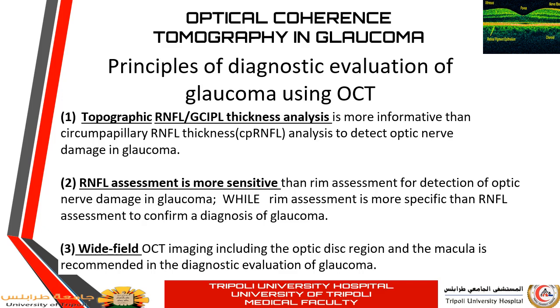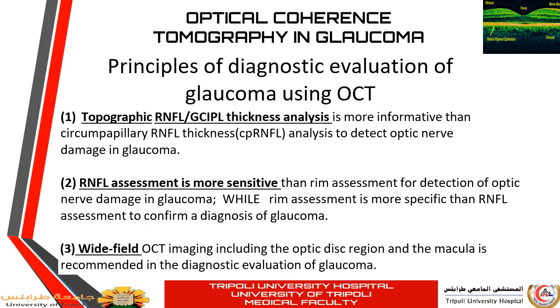As you know, glaucoma has a special form of retinal nerve fiber loss that is symmetrical with the trajectories of the nerve fibers. So a wide field OCT gives you more information about the changes that happen in the macula and coincide with the changes in the optic disc.